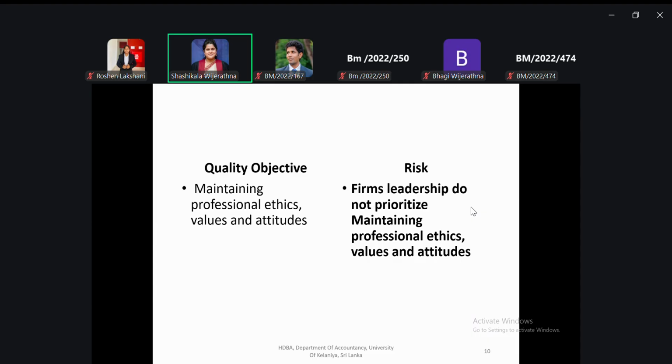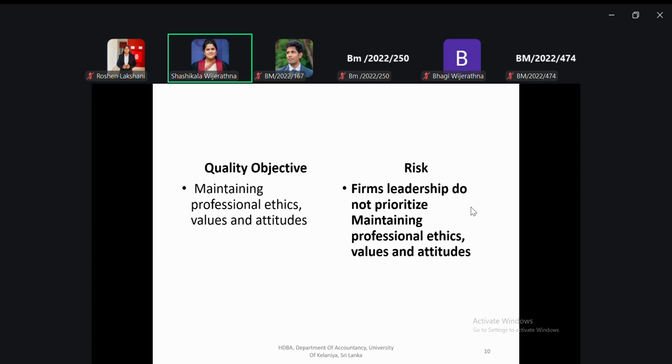And if our leadership doesn't care at all about maintaining professional ethics, can we achieve this objective? We always talk about the tone at the top. To create an ethical culture within the organization, the top should be ethical and should be an example to others as well.